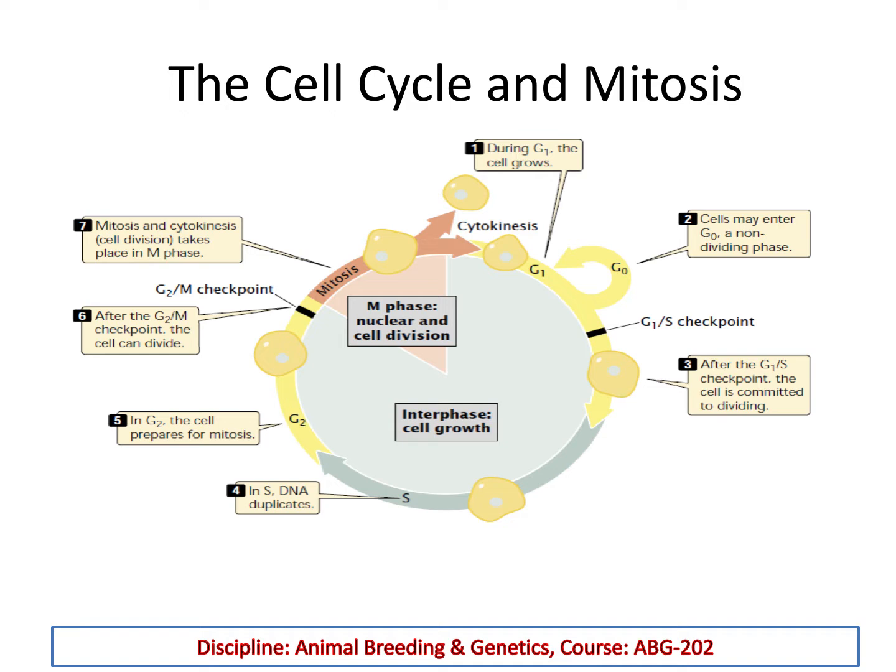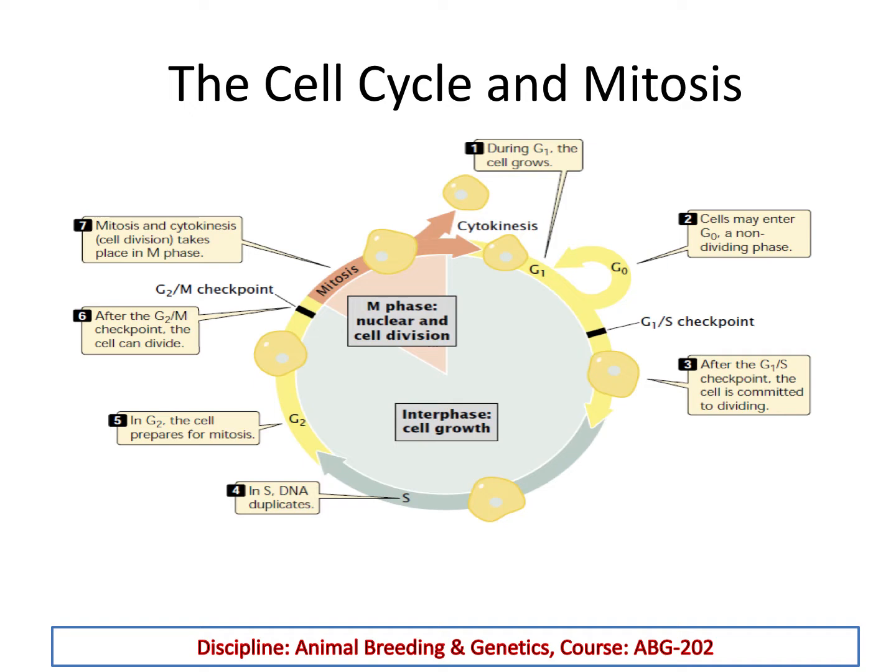And you can see in bullet number 3 that after the G1S checkpoint, the cell is committed to divide. It means it will divide now and will complete the rest of the procedure for cell division.